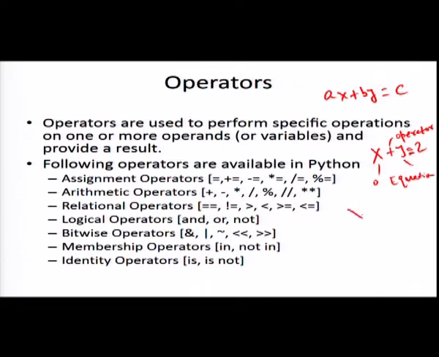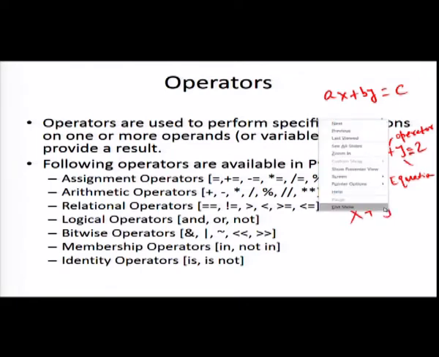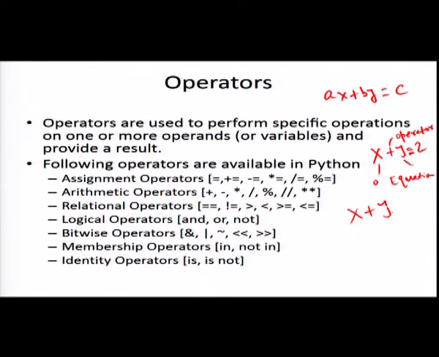Expression is nothing but when you give it as x plus y, it is an expression. When you state it as x plus y equal to 2, when you equate it, it becomes an equation. If you do not have this equal to part, and have only x plus y, it is an expression. Now let us see the different kinds of operators.